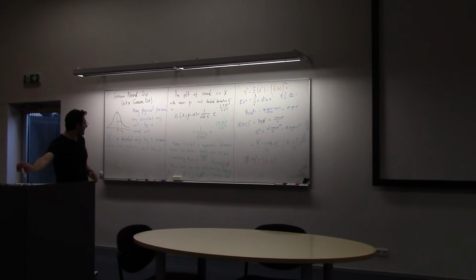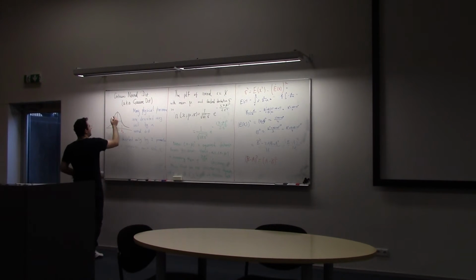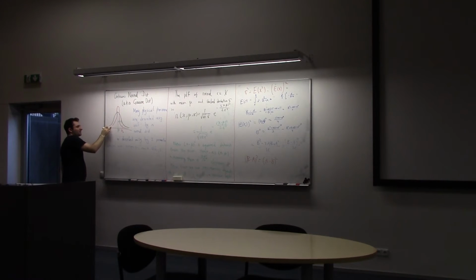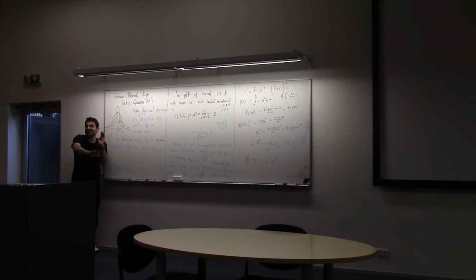We remember that we can have something like this. Yesterday we drew it, right? As sigma gets smaller and smaller, the peak value will go higher because the area under this should be 1, but we are decreasing much faster.